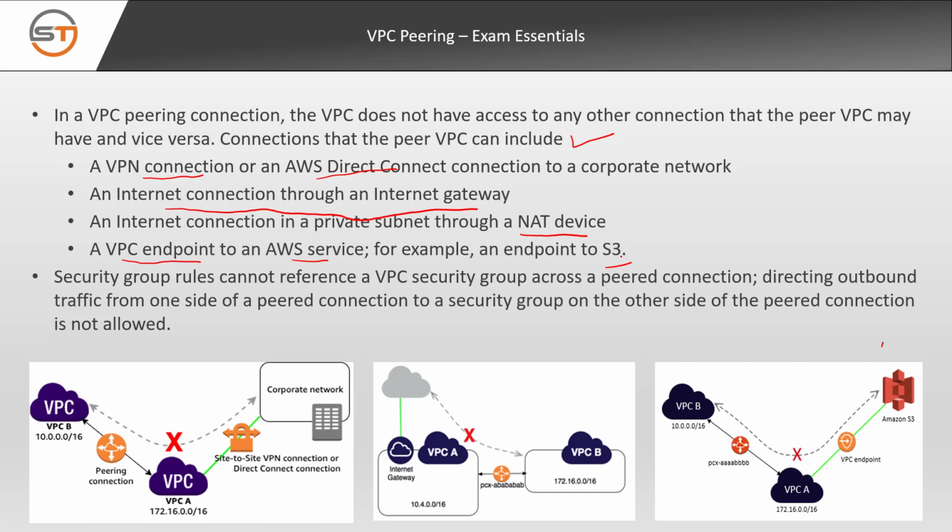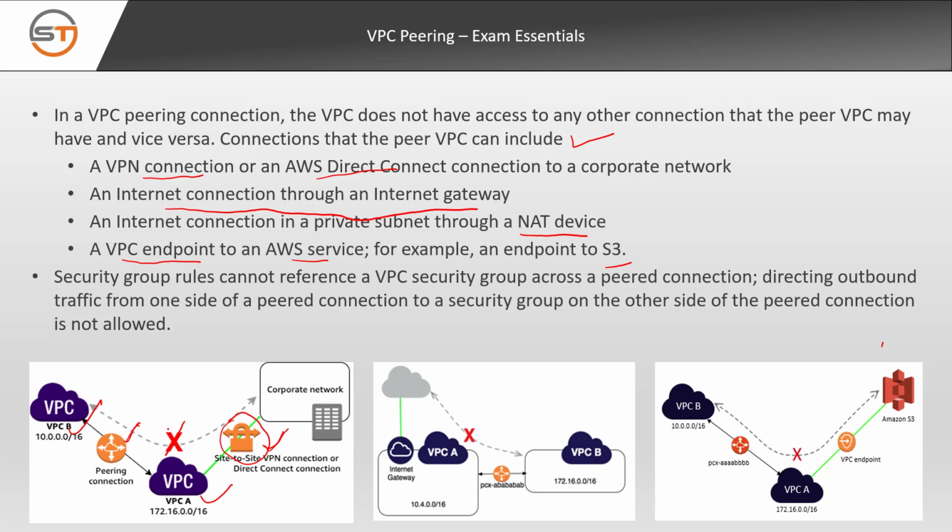Say you have VPC B and VPC A, and you have a peering connection established between them. Here VPC A is connected to the corporate network, your data center, through a VPN. So we have a VPN connection over here. Is it possible that VPC B can communicate to the corporate network through the VPN connection via this peering connection?